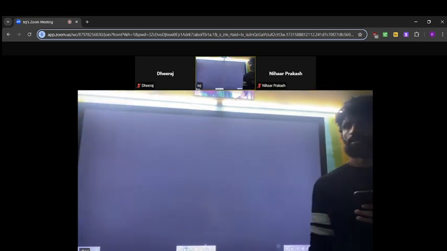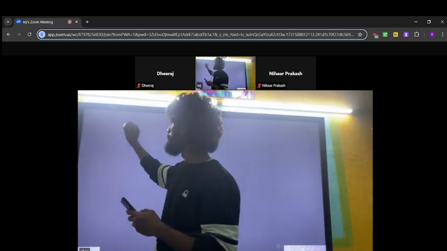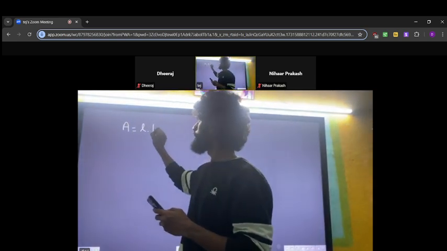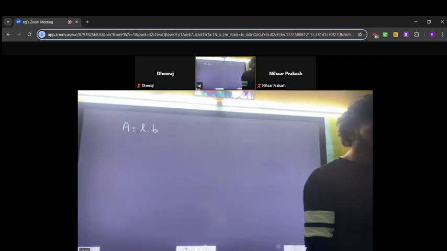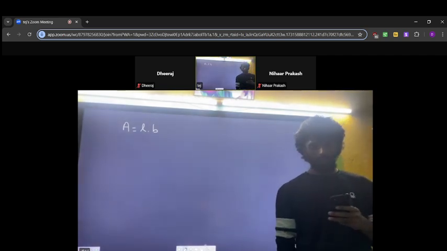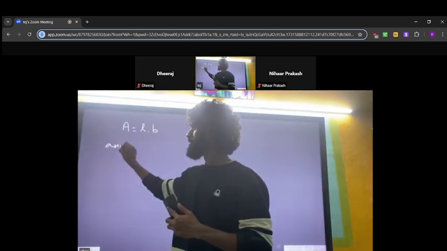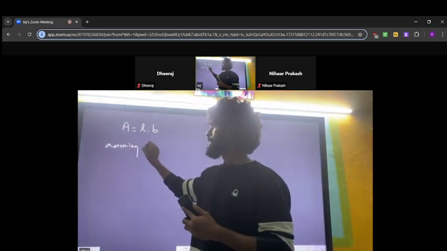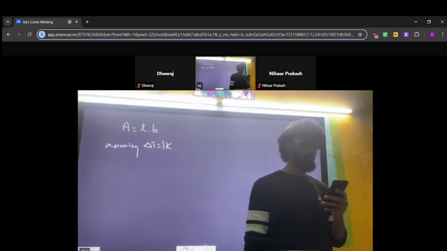This is the derivation, okay? Initial area equals L into B. So you write A is equal to length into breadth. Now, next line, very important: assuming delta T is equal to 1 Kelvin. Write this.